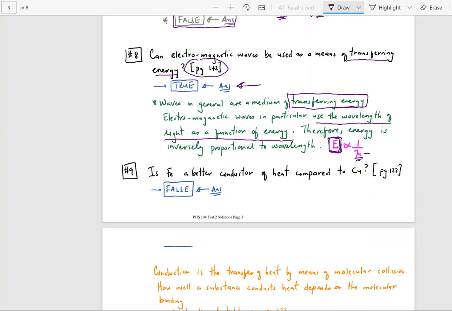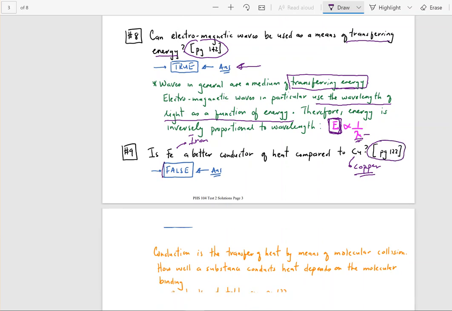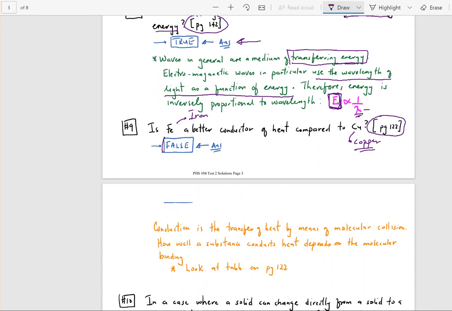The question here is asking us, is Fe, which is iron in your periodic table, a better conductor compared to Cu, which is copper in your periodic table? You can find more information here on page 122. The answer is false. Just keep in mind that conduction is a transfer of heat, when molecules begin to collide.